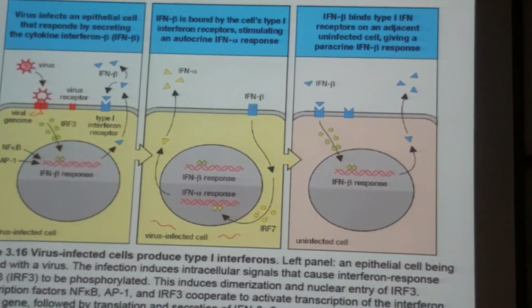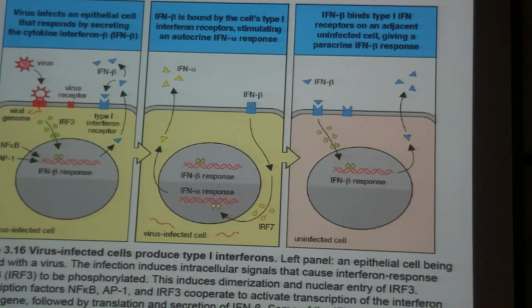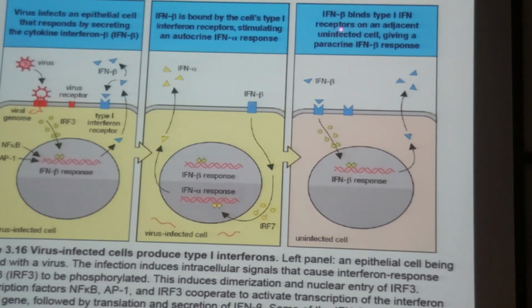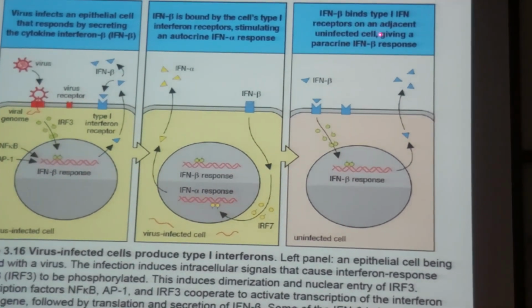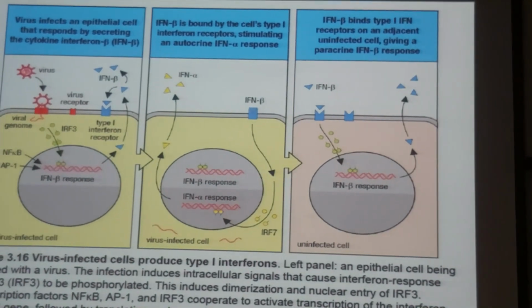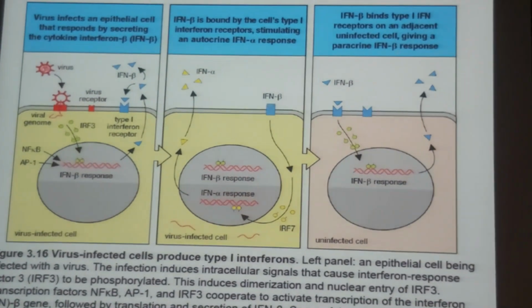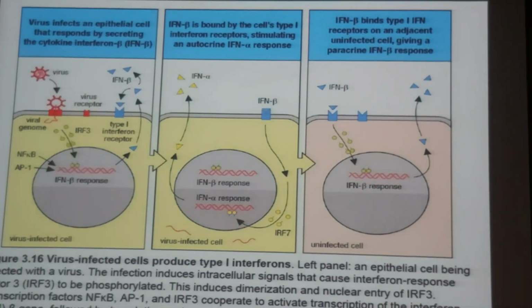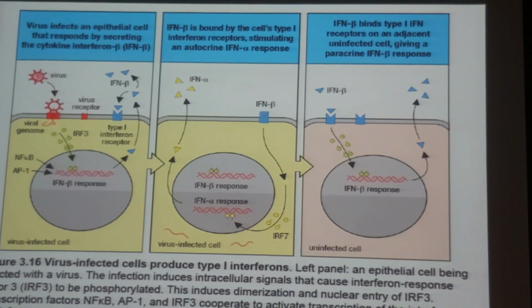Now, what is the interferon beta going to do in the case of other cells? The interferon beta binds type 1 interferon receptors on adjacent uninfected cells, giving a paracrine interferon beta response, okay?